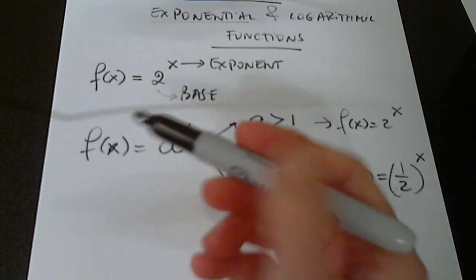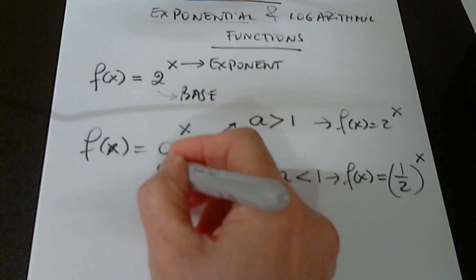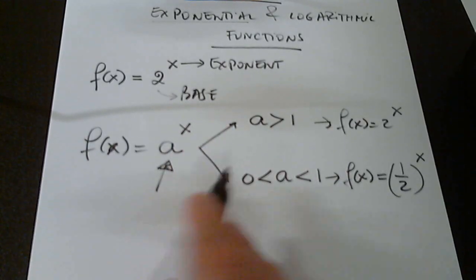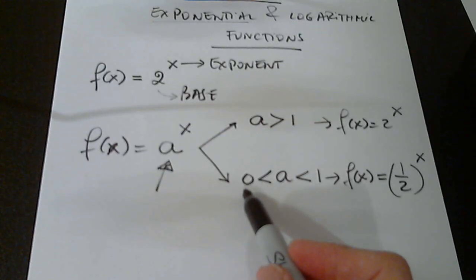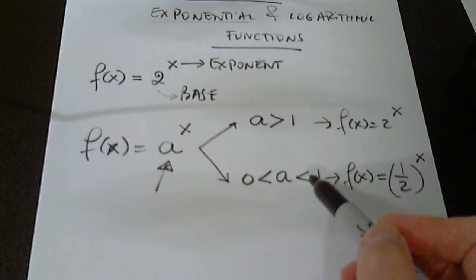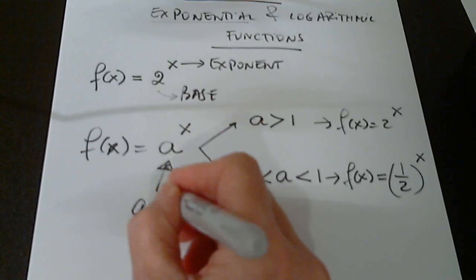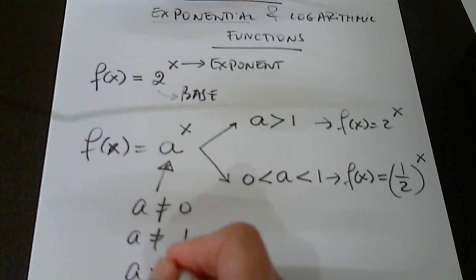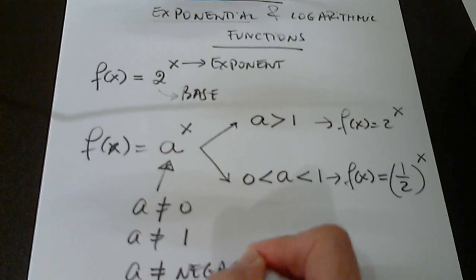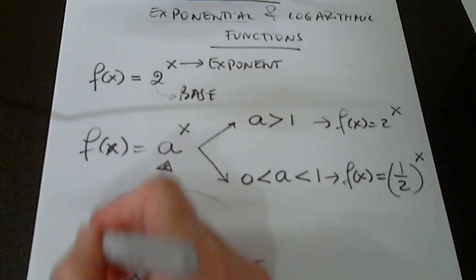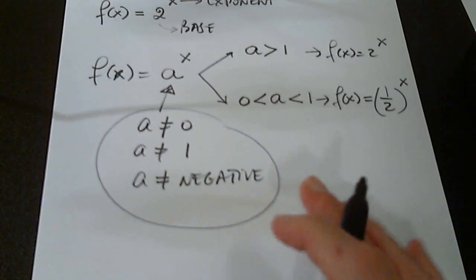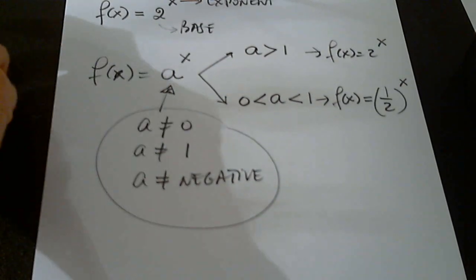Notice one thing, that this particular value, the base, cannot be a negative number, cannot be 0, and cannot be 1. So a cannot be 0, a cannot be 1, and a cannot be negative. And you can ask, wait a minute, what are you talking about?